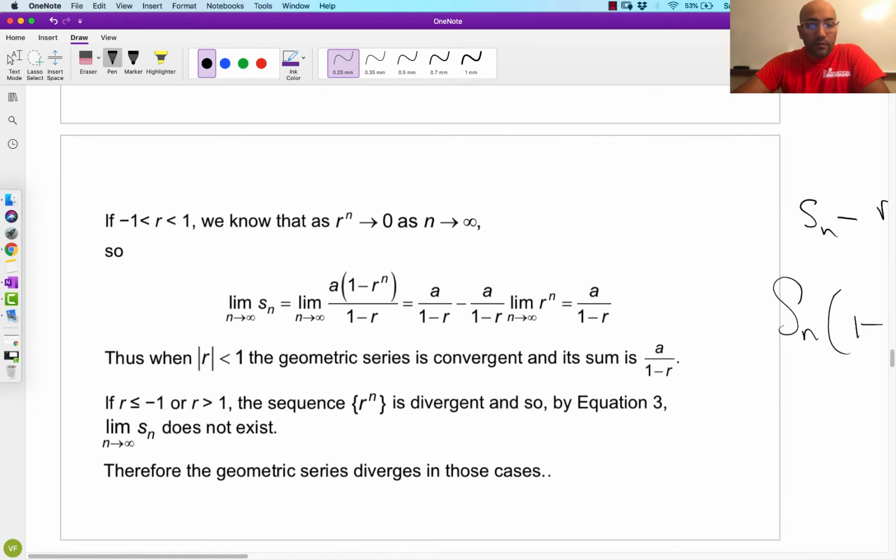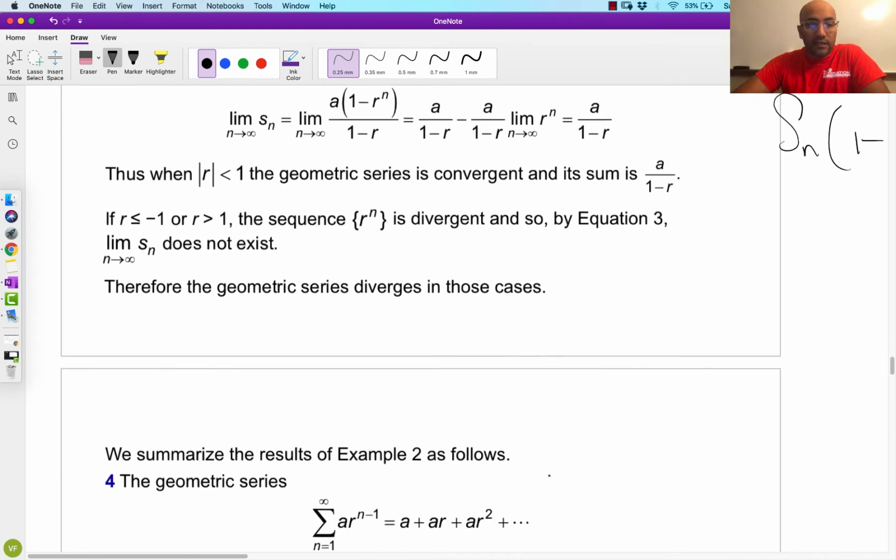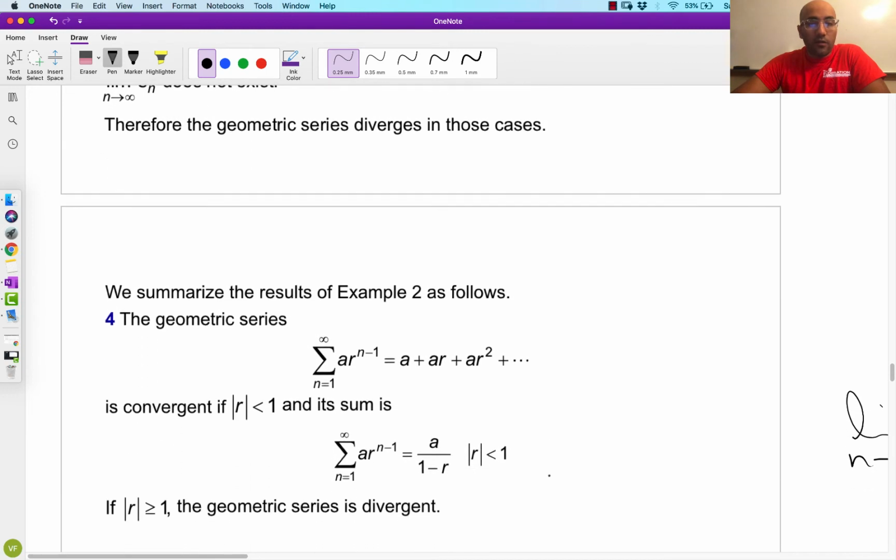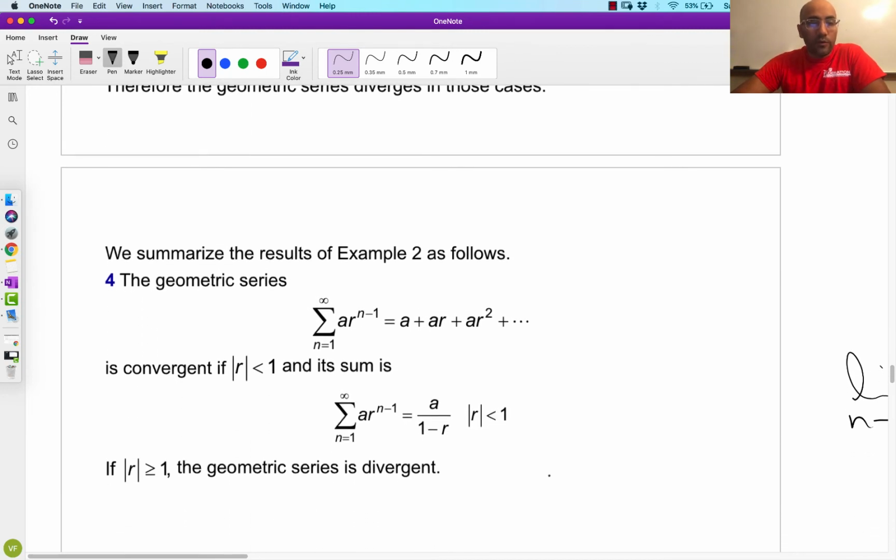Okay, and so we can bring all these cases together into the following summary for geometric series. If we have a sum from 1 to infinity of ar to the n minus 1 power, it looks like this: a, ar, ar squared, ar to the third, ar to the fourth, ar to the fifth, and so on forever. We can conclude that the sum of the series converges if the absolute value of r is less than 1.